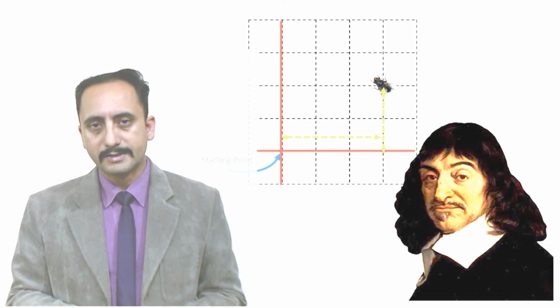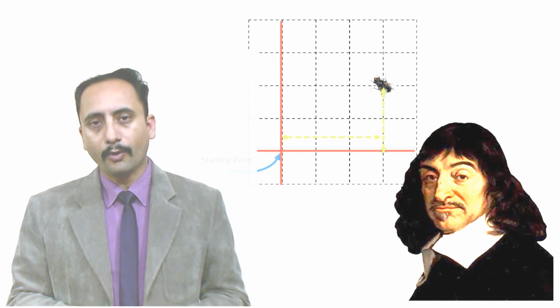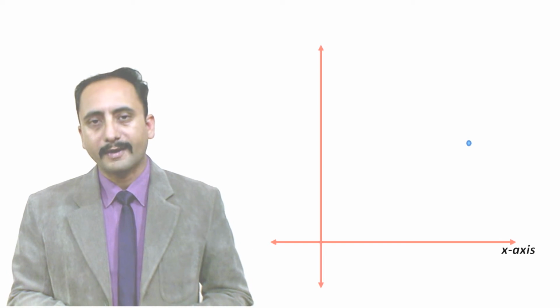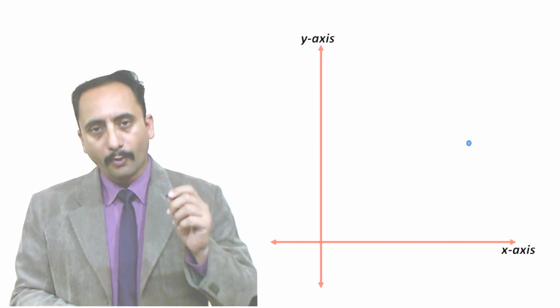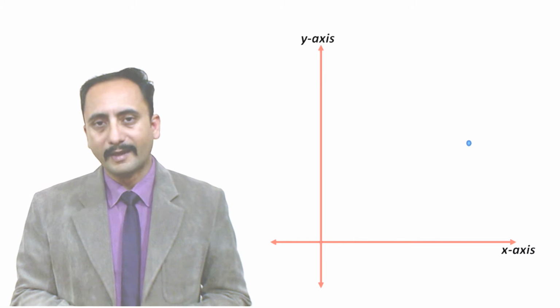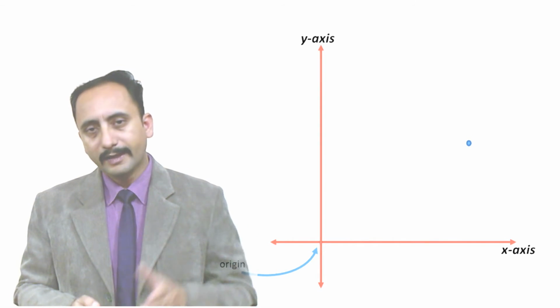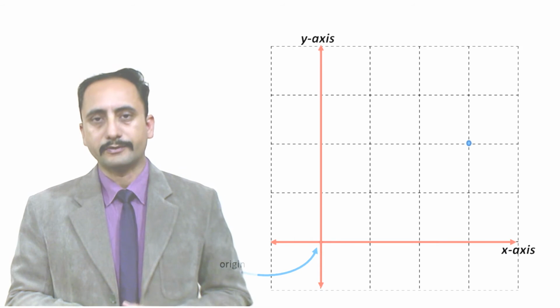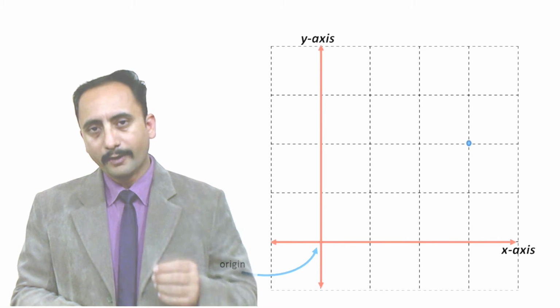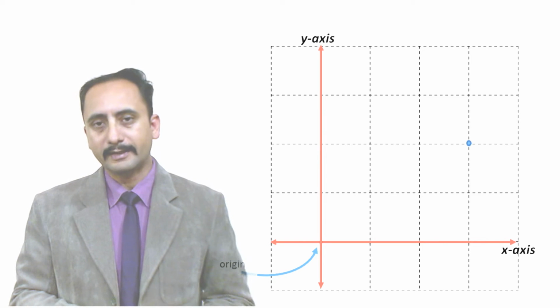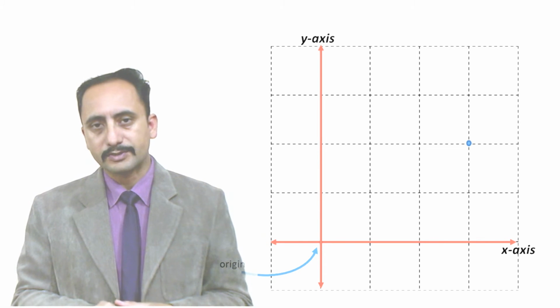In a Cartesian coordinate system, he described a point using a horizontal line known as the x-axis and a vertical line known as the y-axis, and the point of intersection of these two axes is defined as the origin, and both the lines have equal divisions. So suppose there is a given point in the Cartesian coordinate system.